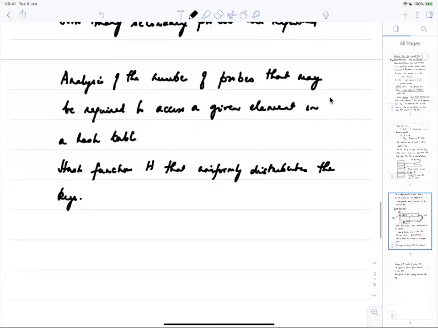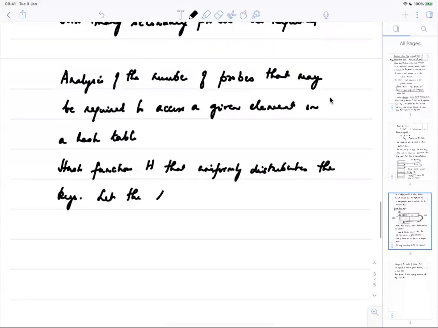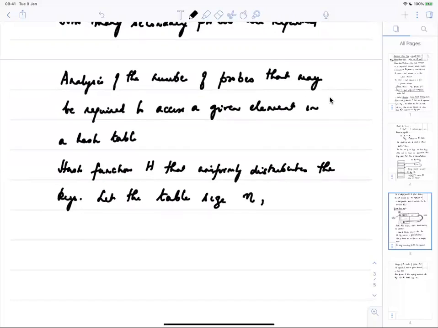And let us say that I'm starting with slightly different notation. Earlier I talked about n. Let the table size be n, and let there be k keys already in the table.